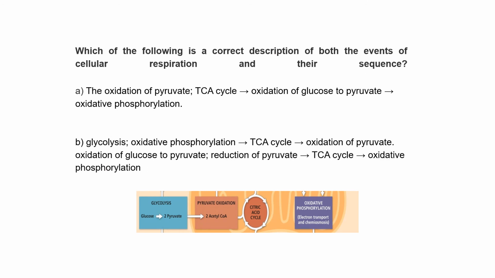To do that, I just have to remind you that this is the order, and these are the processes that are happening. The beginning is glycolysis. The second one is pyruvate oxidation. The third one is the citric acid cycle, and here is the oxidative phosphorylation. I color coded them to make it easier for you.